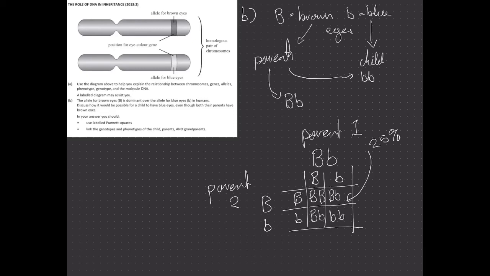Now, there's 3 possible genotypes for the offspring. We have our homozygous dominant, we have our heterozygous, and we have our homozygous recessive.